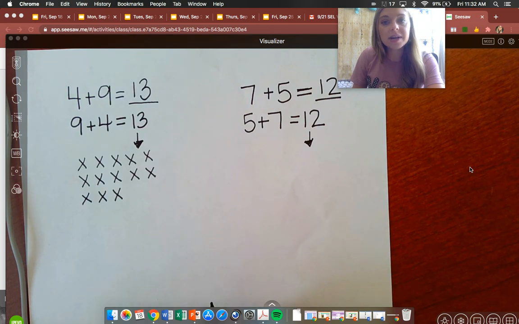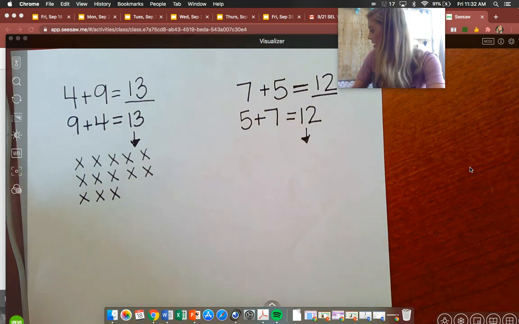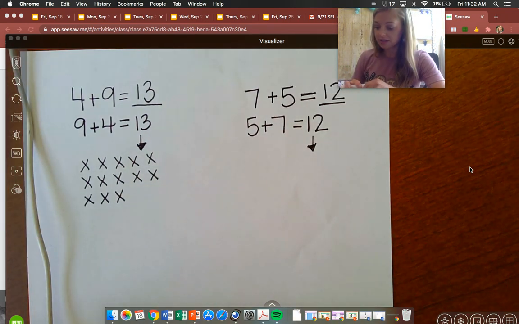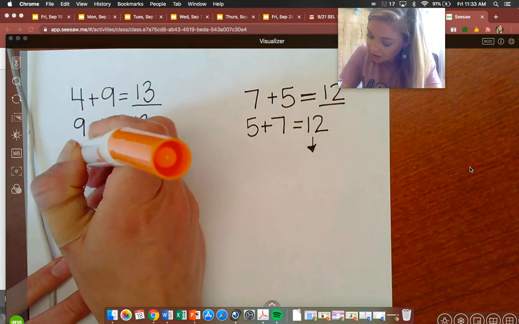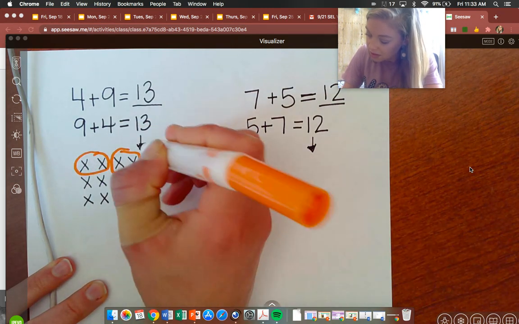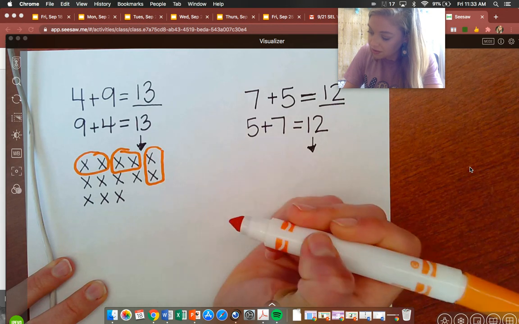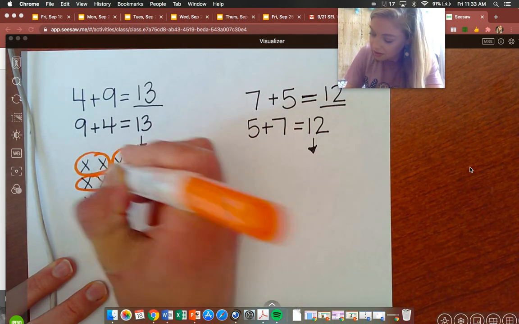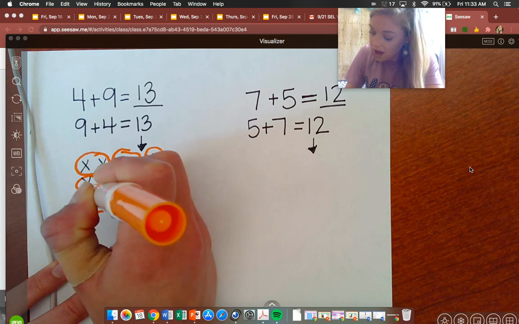And now I'm going to try to pair them up in groups of 2, and I'm going to see if I can evenly do that or not. So there's a group of 2, group of 2, a group of 2, group of 2, a group of 2, a group of 2. Oh no!